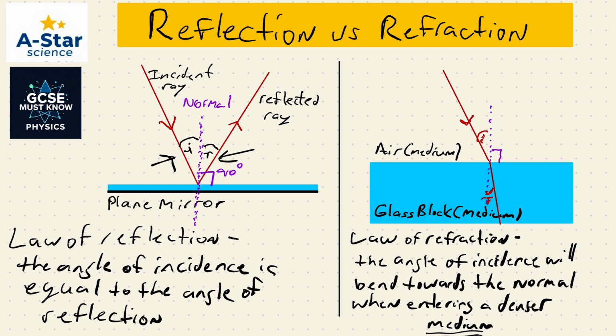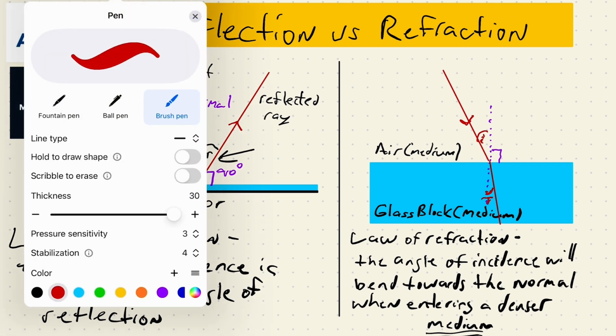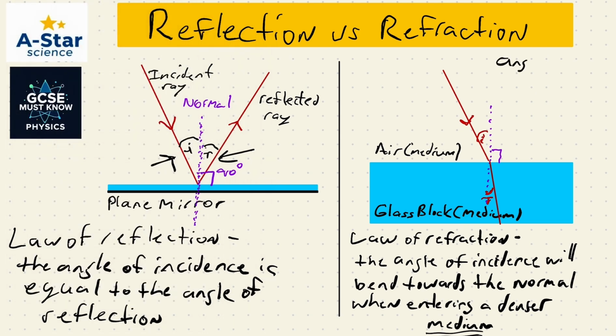So the law of refraction states that the light ray will bend towards the normal when entering a denser medium. And so we can add to that law by stating that the angle of incidence will be greater than the angle of refraction.